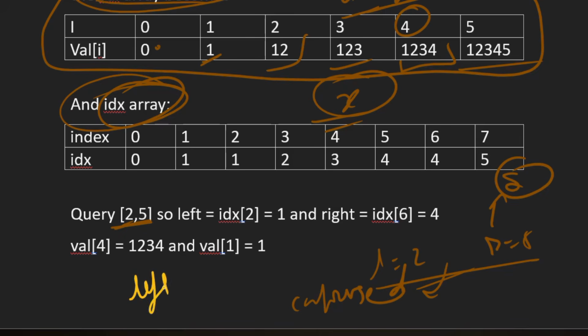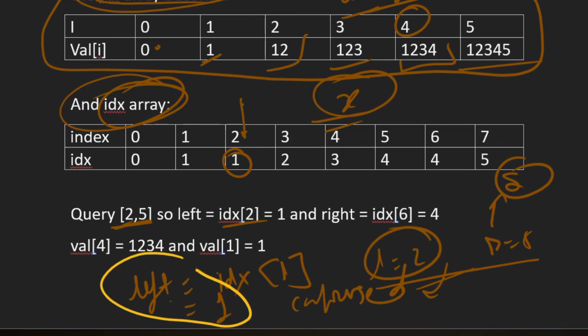The left index is basically index of l, that is index of 2, which stores 1. So we get left equal to 1 in the compressed array. And then similarly we will find the right index, which is basically index of r plus 1.